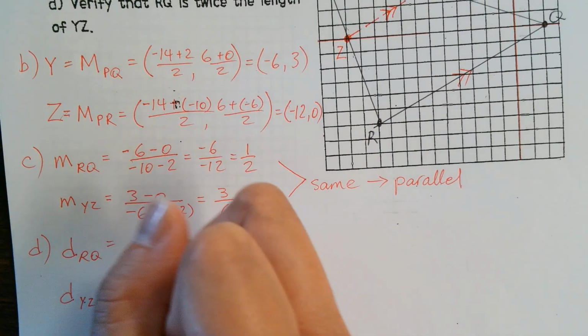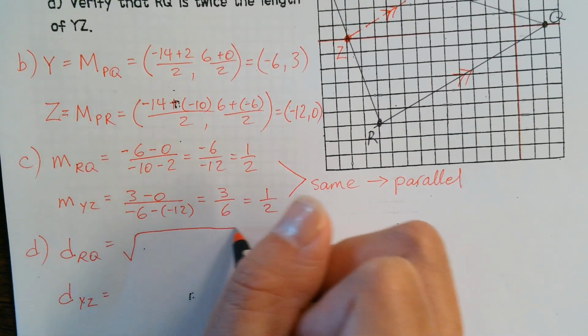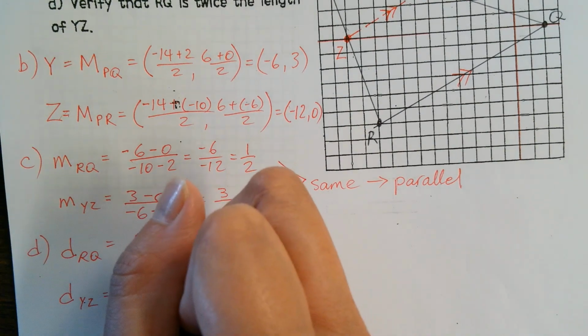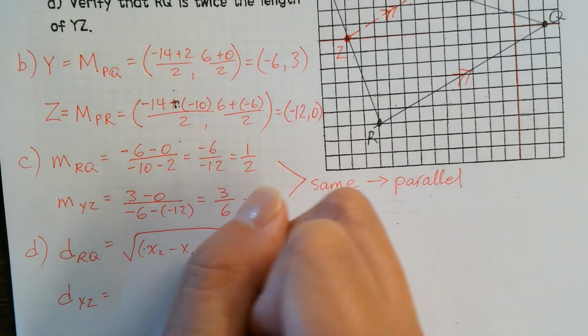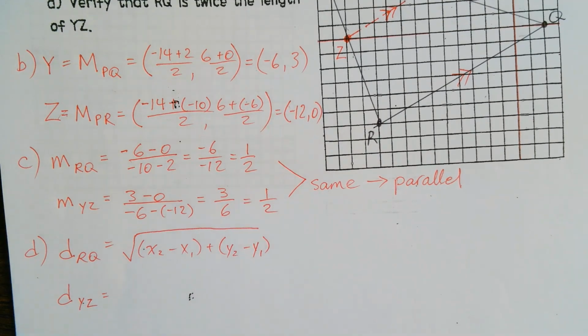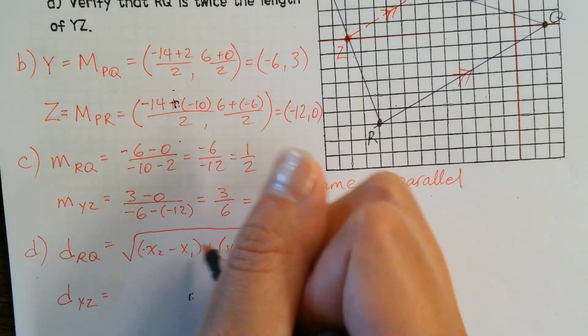If you do the distance formula, what's the distance formula? x2 minus x1 plus y2 minus y1. All right, is Armand correct? Victor? Square.